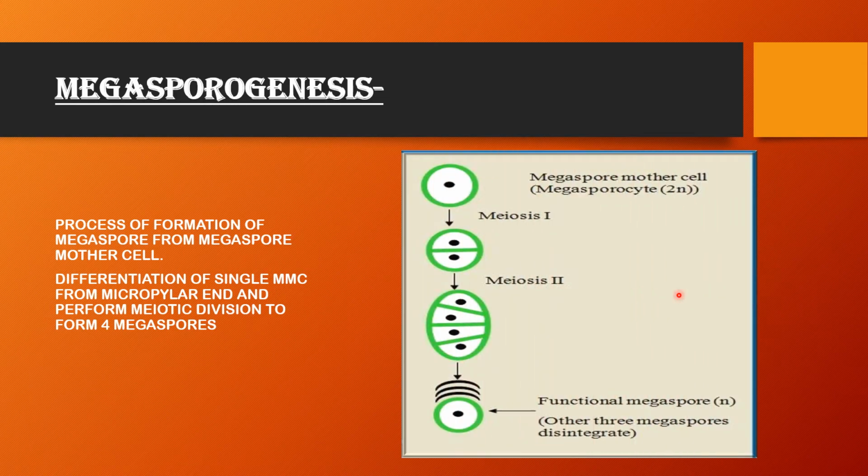Here you can understand with the help of this cellular structure. This is the megaspore mother cell or megasporocyte, which is diploid. When it completes the first phase, that means meiosis 1, it forms the megaspore dyads, a combination of 2 cells, and these then complete the second phase of meiosis and form megaspore tetrads, in which 3 cells will degenerate and only one will behave as a functional megaspore.